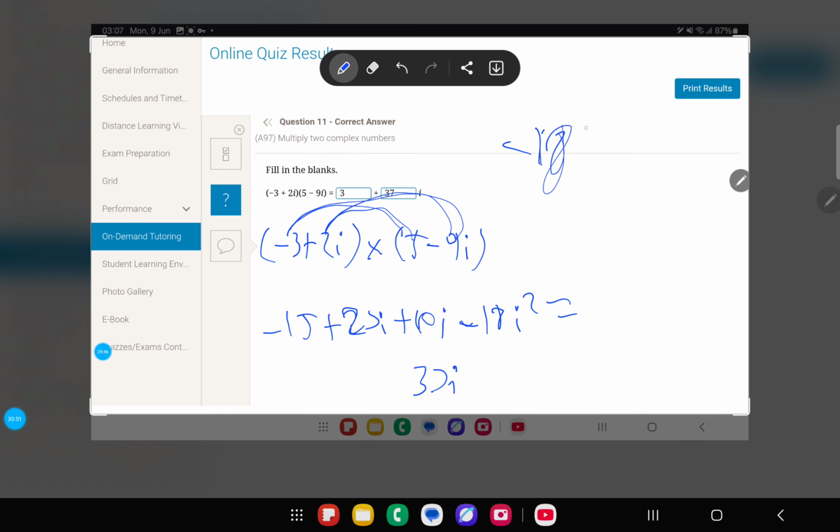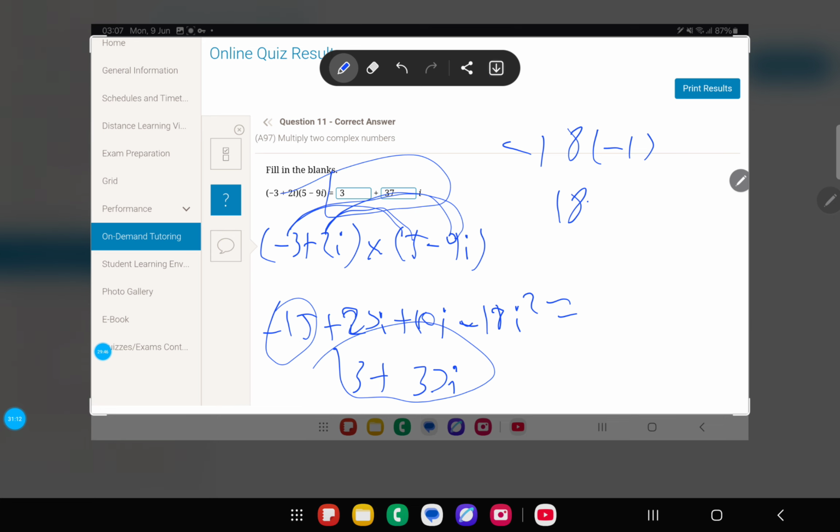So negative 18i squared is basically negative 18 times negative 1. So you get 18. So 18 minus 15 is 3. So 3 plus 37i. And that's it for this question and for this quiz.